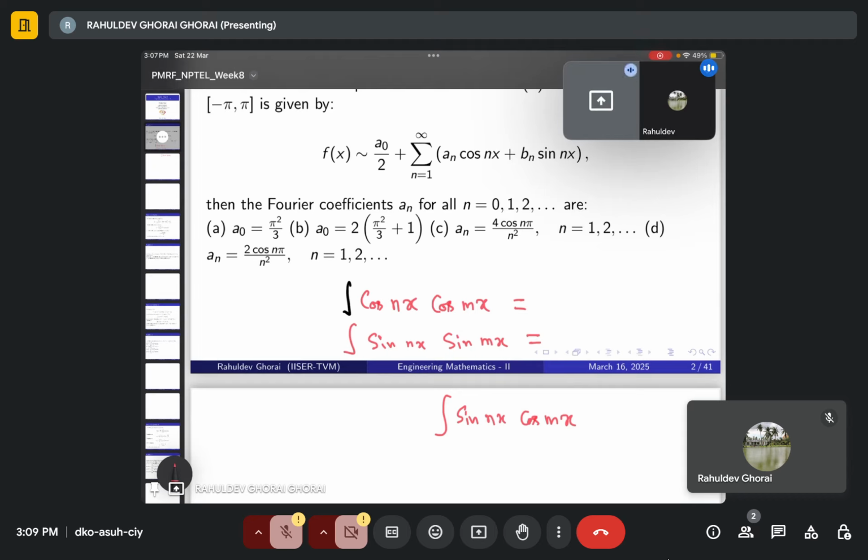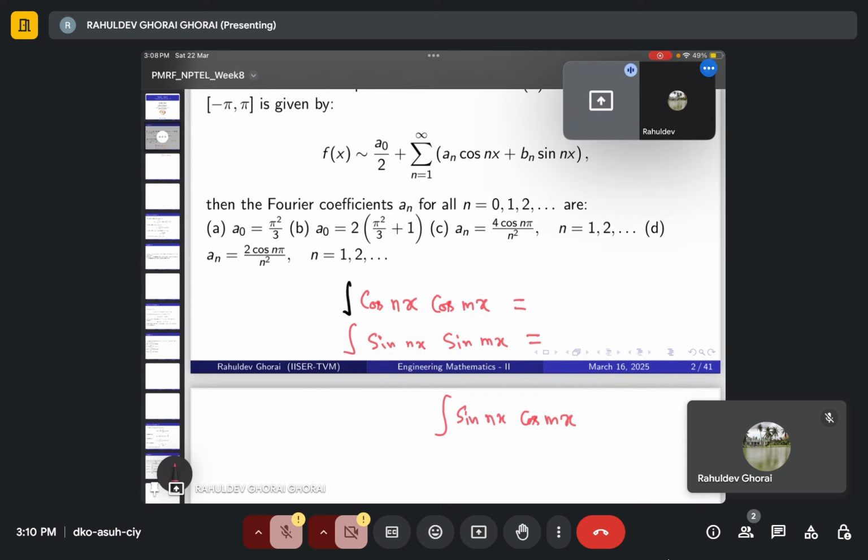One trick is you should remember cos and sine are orthogonal. What is the meaning of orthogonality? For vectors, you know the meaning of orthogonality, right? Two vectors are orthogonal means they are perpendicular to each other, the angle between them is 90 degrees.